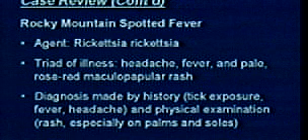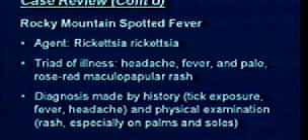It's headache, fever. The patient is pale, and has pale rose-red macular papular rash. So anytime you see the word rosette, R-O-S-E-T-T-E, or pale rose-red macular papular rash, you need to be thinking about Rocky Mountain spotted fever, because that's the buzzword. That's the key to making that diagnosis.